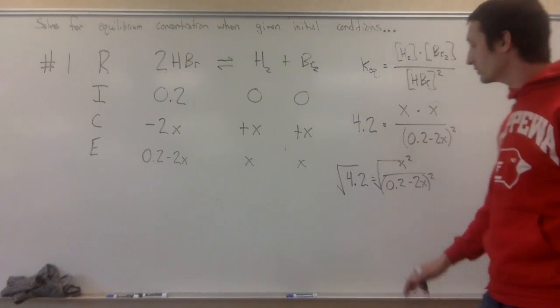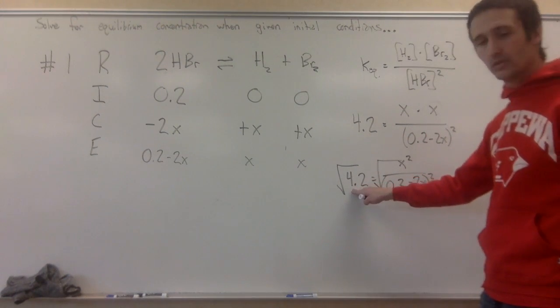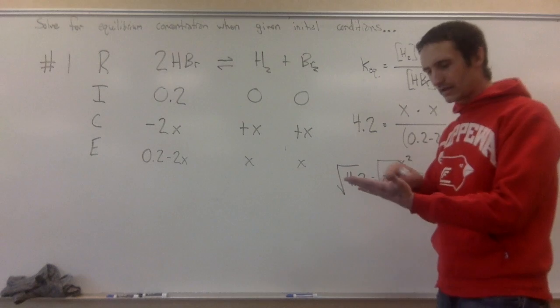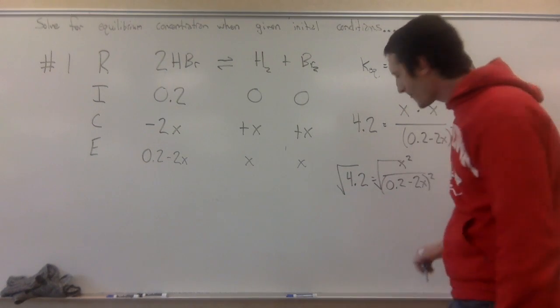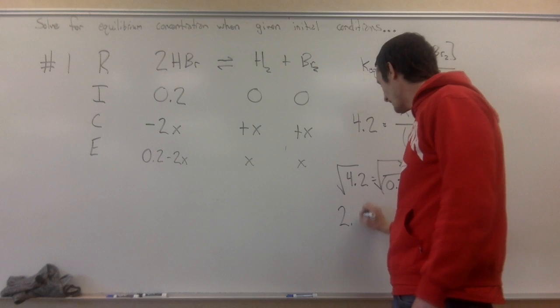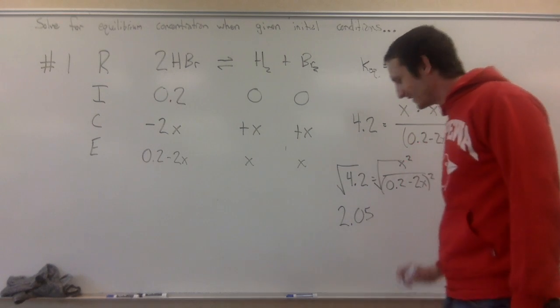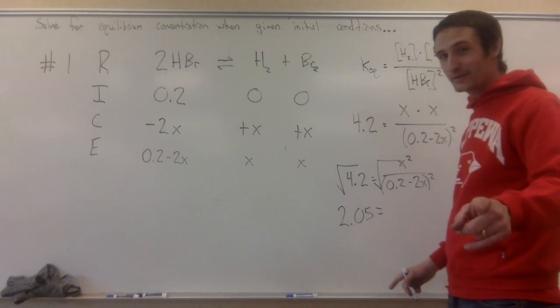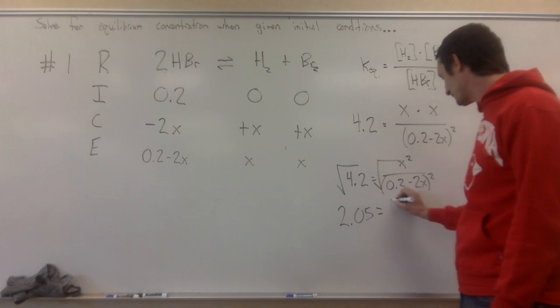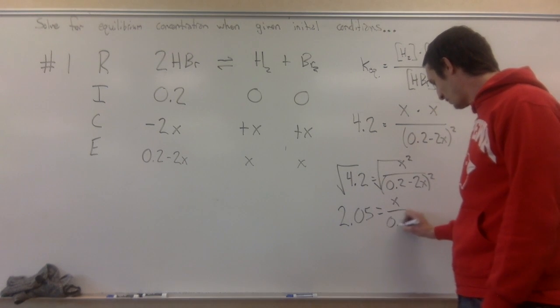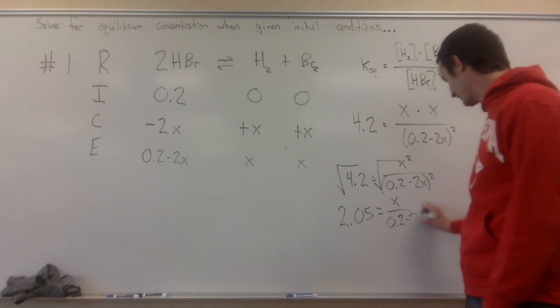If I take the square root of 4.2, let me crank that out on my calculator real quick. Yep, that was 2.05. Is that the same answer you got? Good. It equals x over 0.2 minus 2x, right?